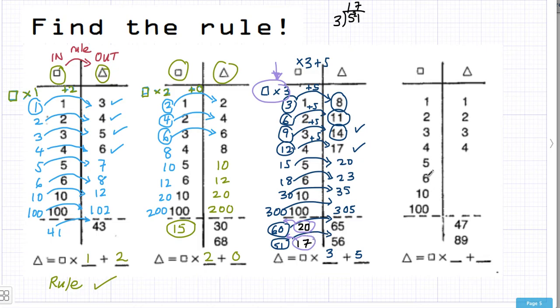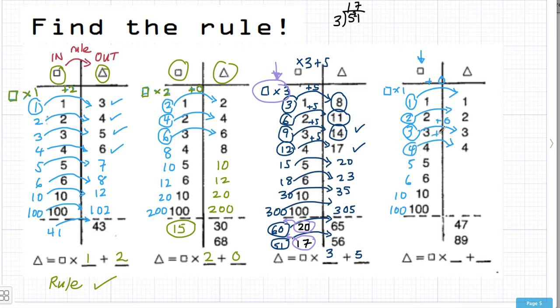The last one, this one's kind of neat. So we're going to look at, again, taking the square numbers, the ones in this column, multiplying them by something. I'm going to multiply by 1 again. 1 times 1 is 1, 1 times 2 is 2, 3, 4, 5, 6, etc. And you can see now that when we go across, oh, they totally match. So this is that idea that already the numbers match, we don't have to add anything on.